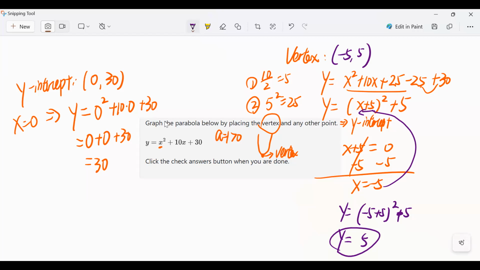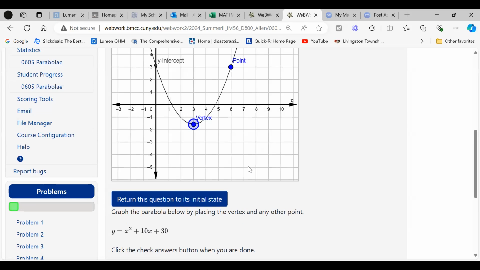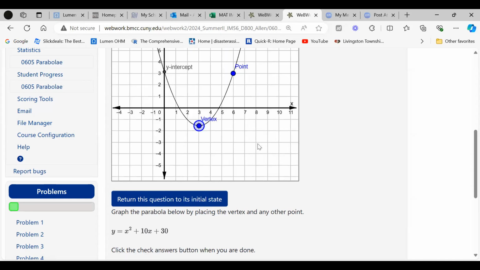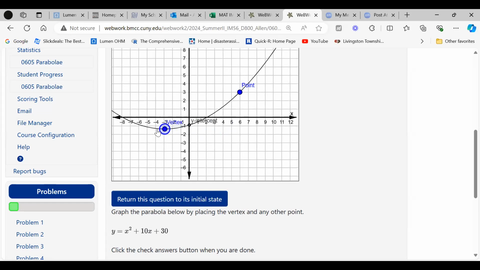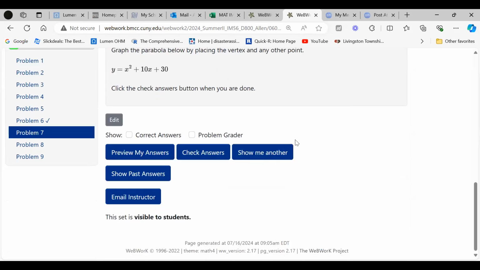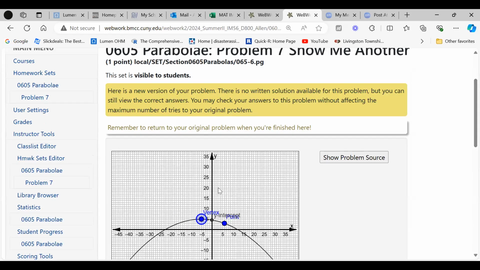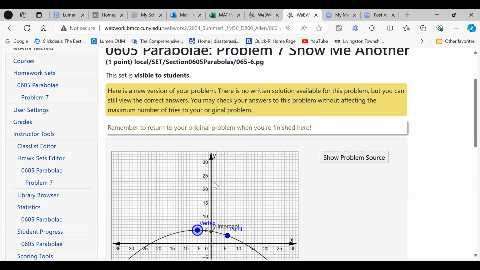The y-intercept is (0, 30). So let's go back and find negative 5 and 5, right? Negative 5, and then the y-intercept is going to be 30. So we need to scroll down. 30 is right.